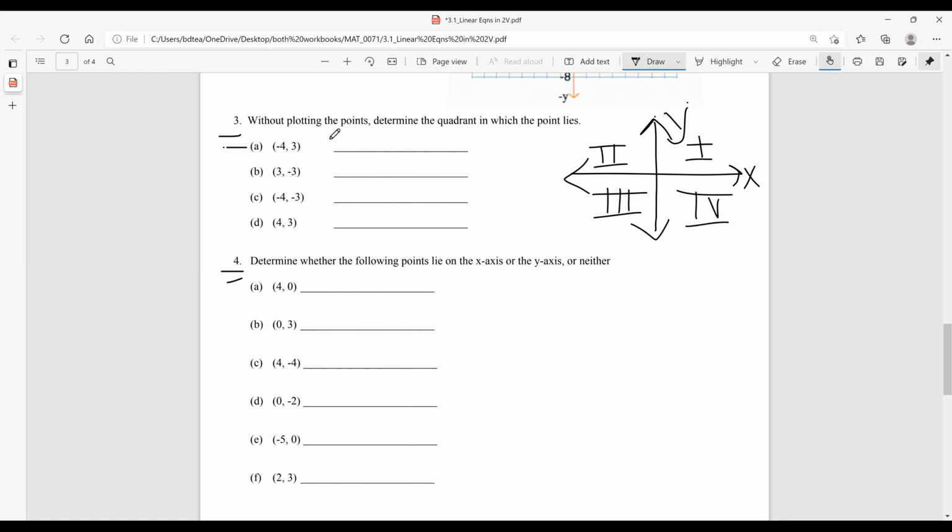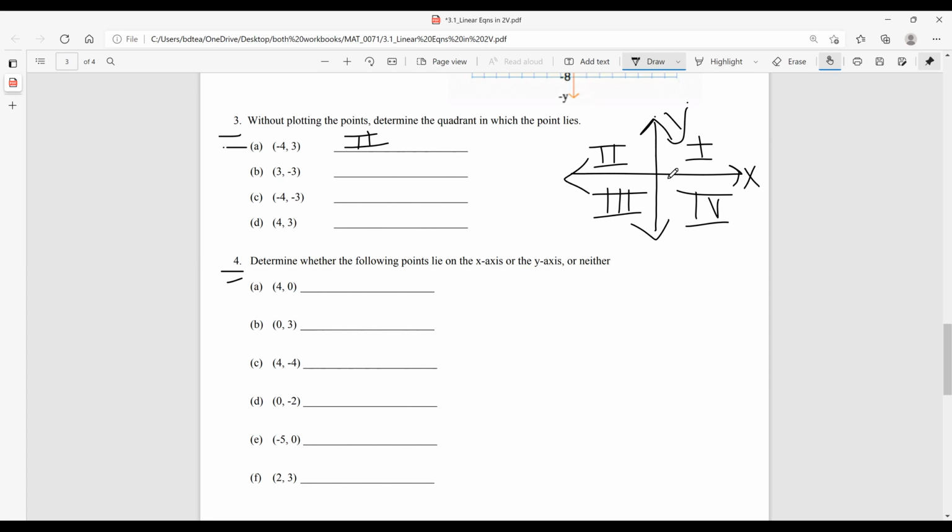Without plotting, determine the quadrant the point lies in. -4, 3. So the x value is negative and the y value is positive. So this is going to be in quadrant 2. 3, -3.